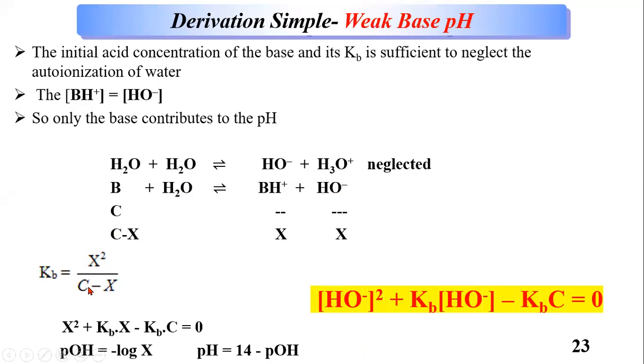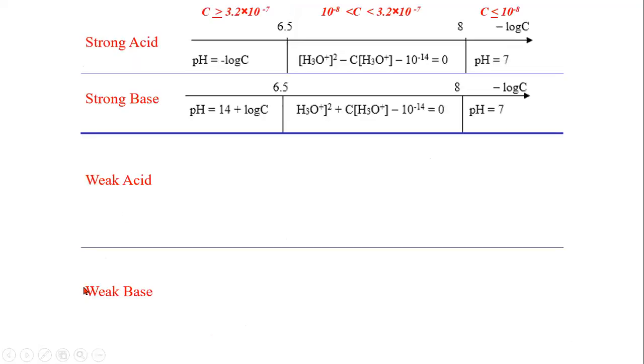This is x squared divided by c minus x, where x is the OH minus concentration. And you can simply solve for x. That gives you OH minus, get the pOH, and then get the pH. That's how we do it for a quadratic. And if it's not a quadratic, x is negligible, and you simply see that the OH minus will be the square root of Kb times C. So go back to our old methods.